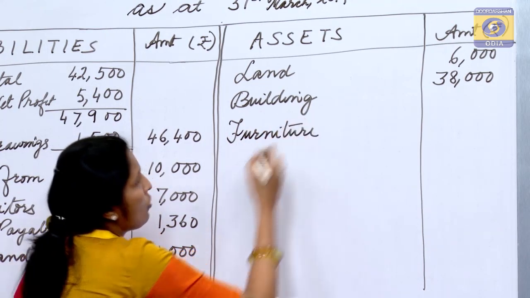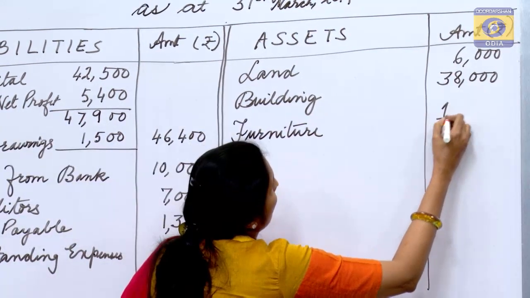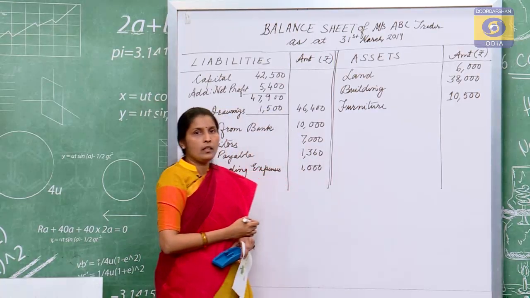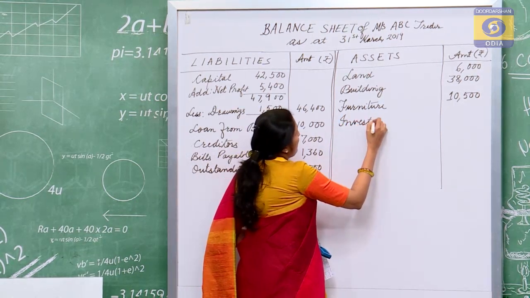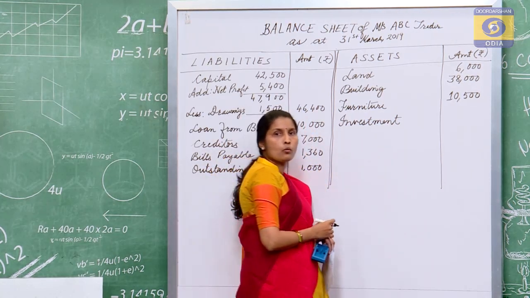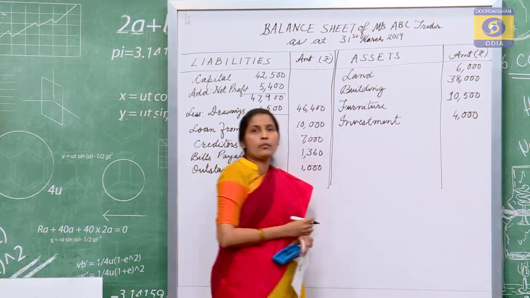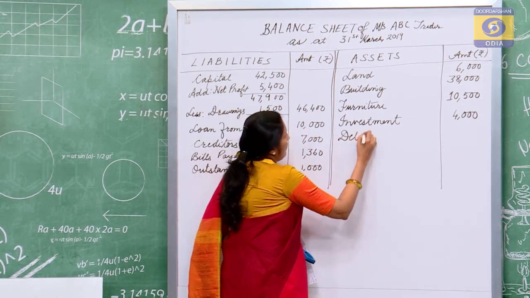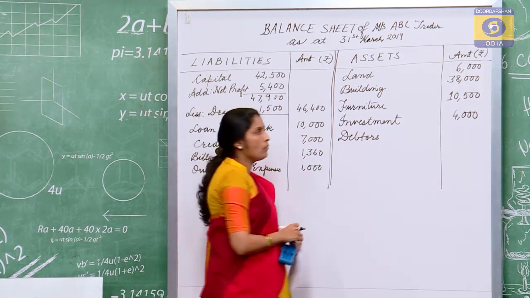So the amount of furniture given to us in the question is 10,500. The next item we can find is investment. So investment, the amount of investments given to us in the question, is 4,000. Next item we have is debtors. The amount of debtors given to us in the question is 2,100.